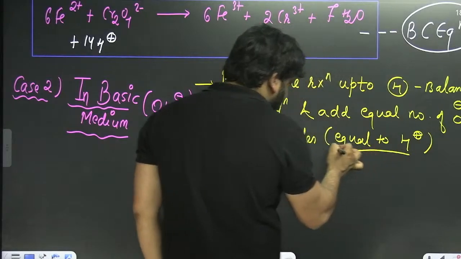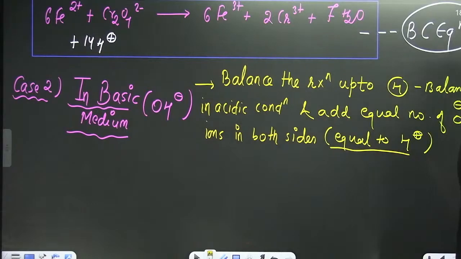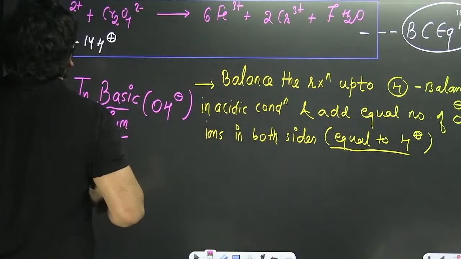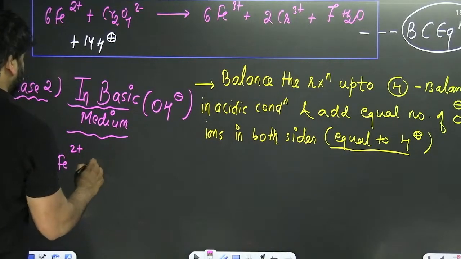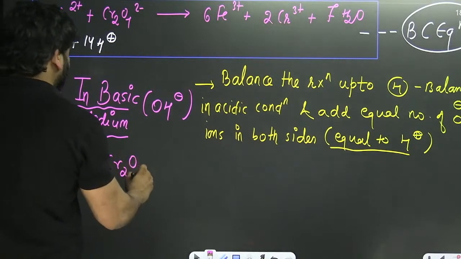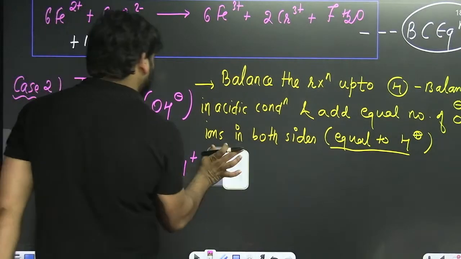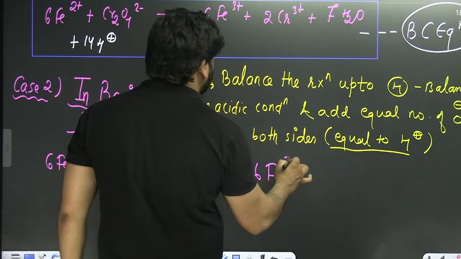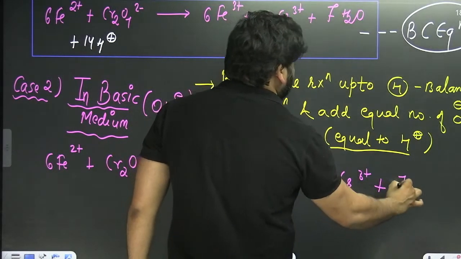So how many H positive did you add? Just add an equal number of OH minus ions on both sides of the reaction, LHS and RHS. Then the reaction will become what? Let us see. 6Fe2+ plus Cr2O7 2- plus 14H plus gives us 6Fe3+ plus 2Cr3+ plus 7H2O.